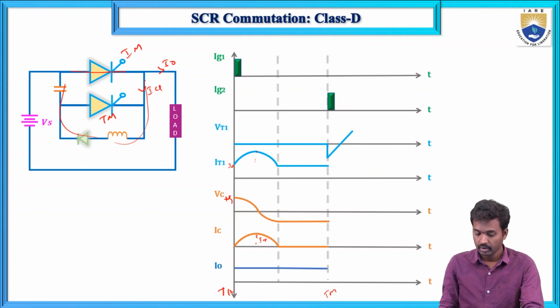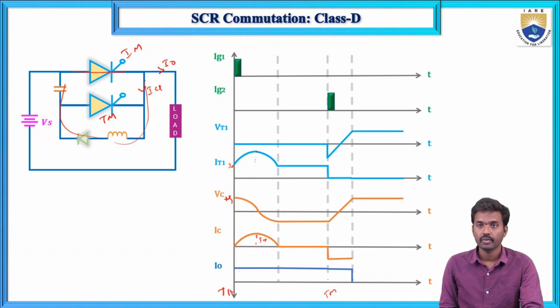Next, the It1 current is 0, and Vc goes from minus Vs to plus Vs, the capacitor current is 0, and I0 is constant. After that, TM will be turned on, TA is turned off, and TA will be turned off.